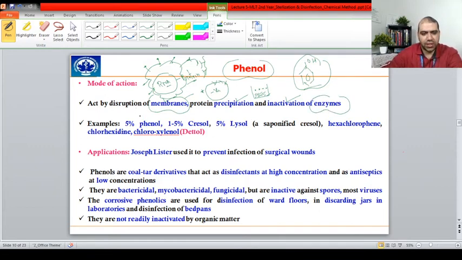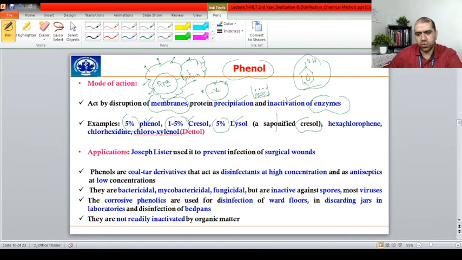Now again, you can see different concentrations and different chemicals can be used for different types of disinfection. So 5% phenol can be used, 1 to 5% cresol, 5% lysol can be used. It's actually the same cresol, but it's saponified, it means you add soap to it.